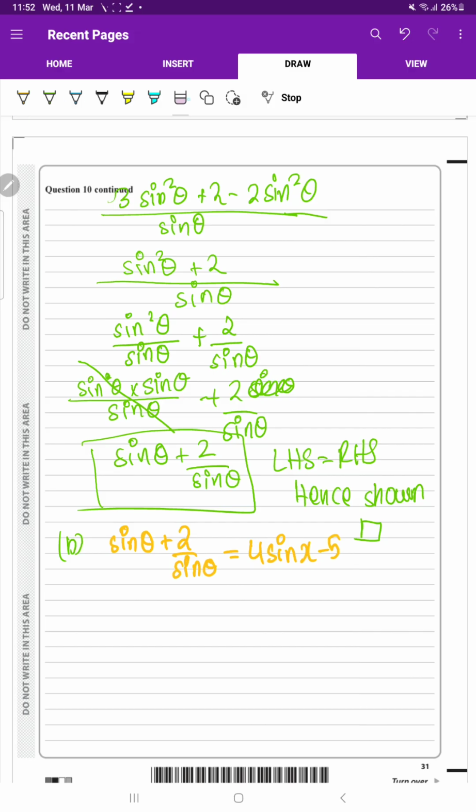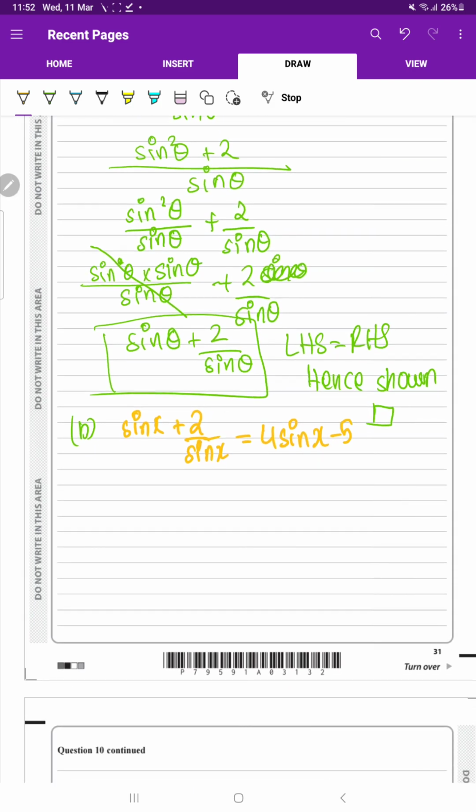Let me change these thetas into x, we need it in terms of x. Now again just do a bit of manipulation. We can get rid of this denominator by multiplying by sin x on all sides.